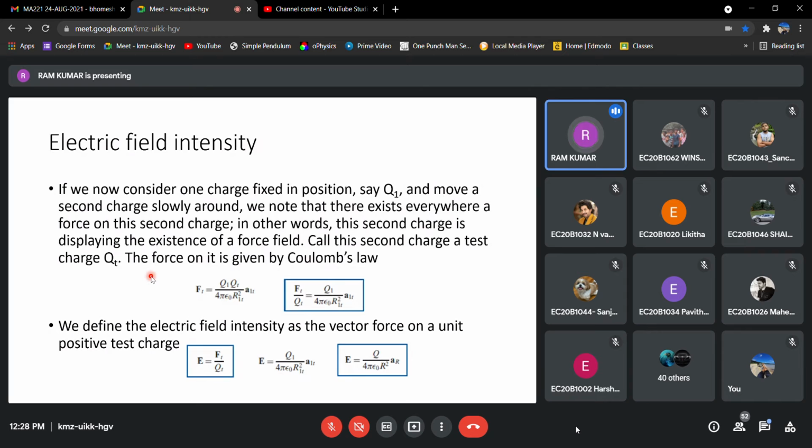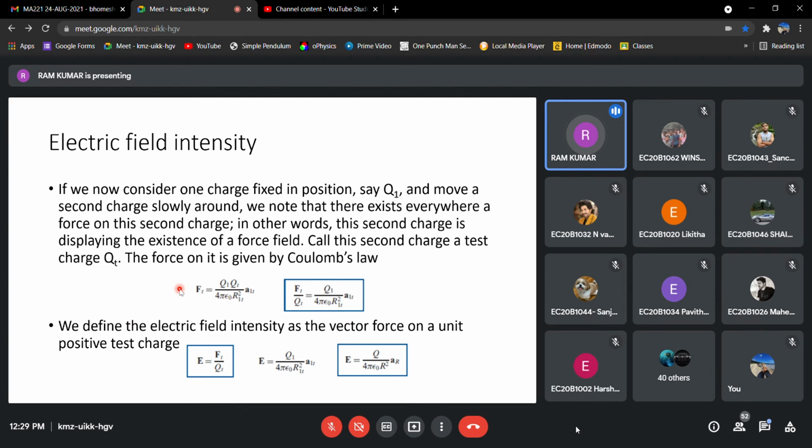Now as per Coulomb's law, you know the force acts from one charge on another. The force acting on the test charge QT by the fixed charge Q1 is Q1 QT by 4 pi epsilon naught R1T square, times the unit vector a1T. This is as per Coulomb's law, the force between the charges.